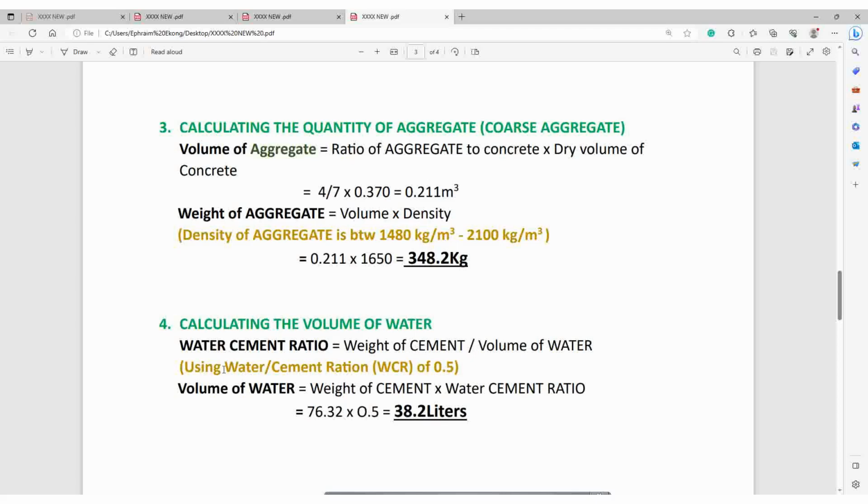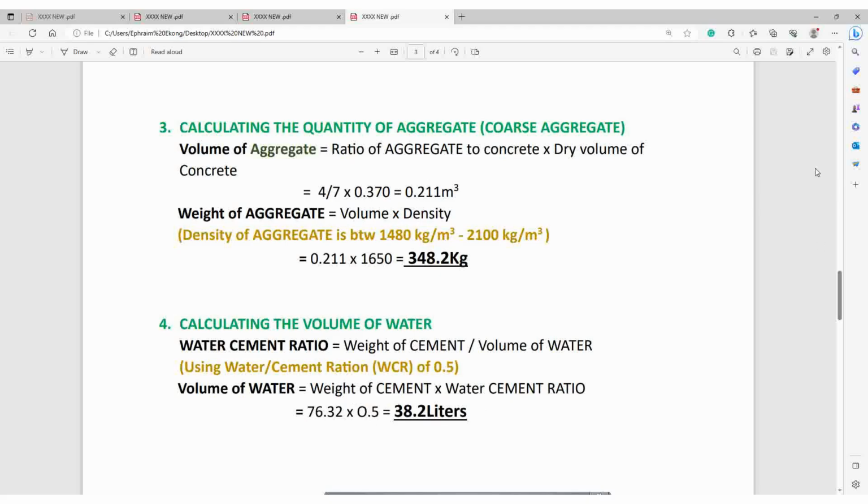Take note, we are using a water cement ratio of 0.5. Therefore, the volume of water is equal to weight of cement multiplied by water cement ratio. Now we are meant to understand that this 0.5 is our water cement ratio, then 76.32 is the weight of cement.